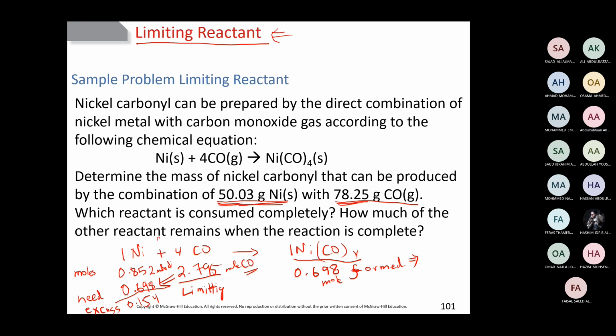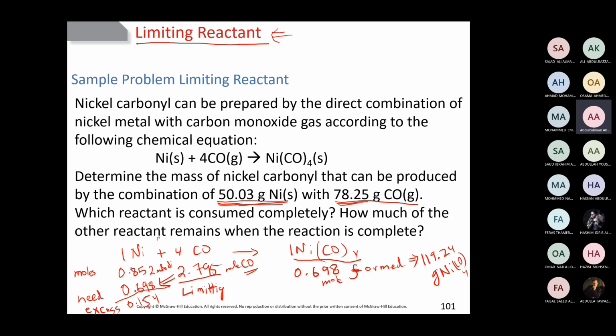Nickel CO4. Oh, okay. 119.2. What? 119.2. Gram nickel CO4. Good.